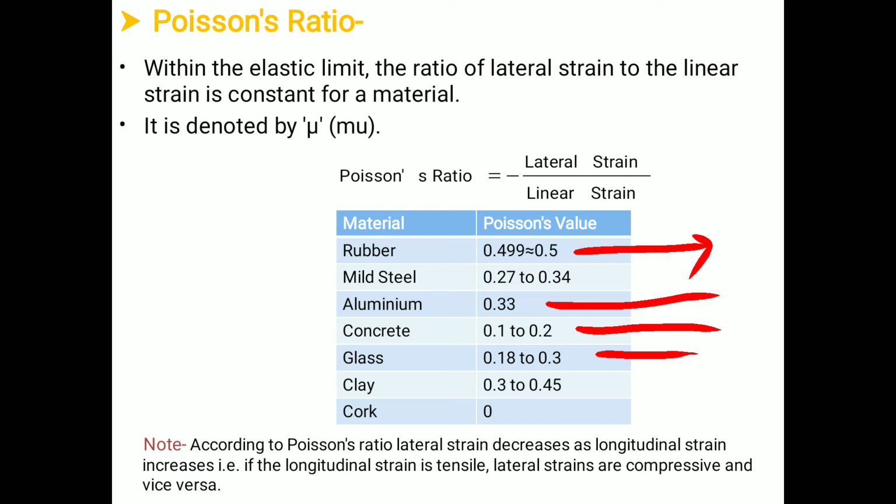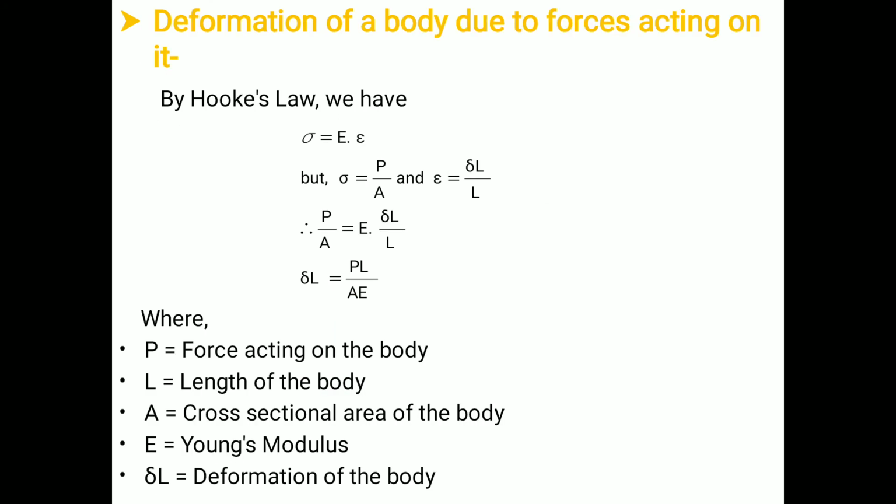If I apply a compressive force to any body, then its longitudinal dimension will go on decreasing, and at the same time its lateral dimension will go on increasing. We have the same effect whether I apply tensile or compressive force, because we have the minus sign over here.